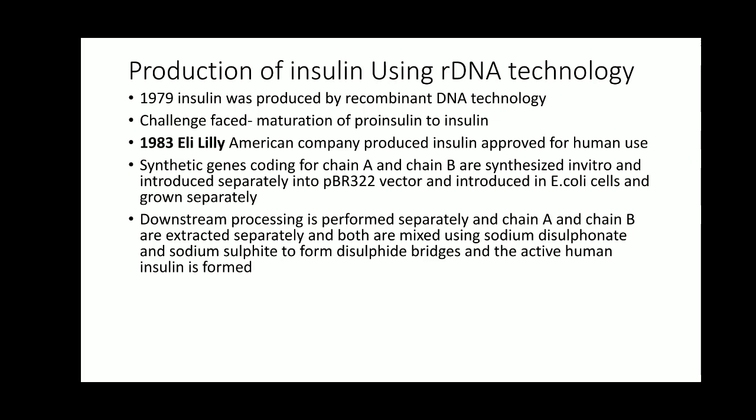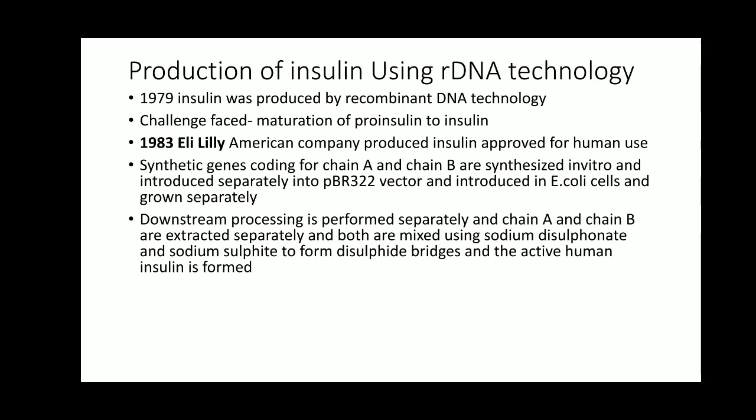So, taking into account the structure of insulin, the synthetic genes coding for chain A and chain B are synthesized artificially, in vitro in the laboratory. Chain A is synthesized separately and chain B is synthesized separately.